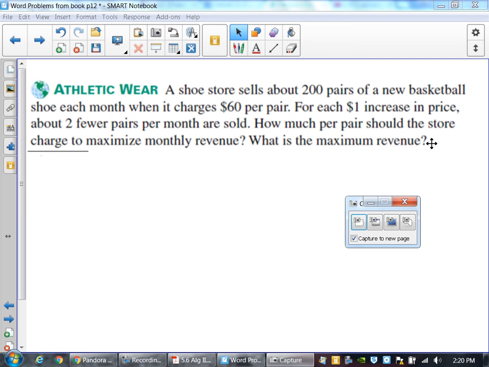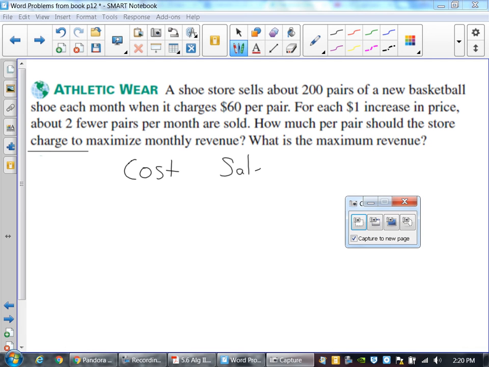In this case here, you have two things to think about. You have cost and sales. So what I do is I write it out as a cost sales function. Now, I know that this word problem occurred somewhere in the quadratic chapter, which means it's going to wind up being a quadratic. So why not do this right away?